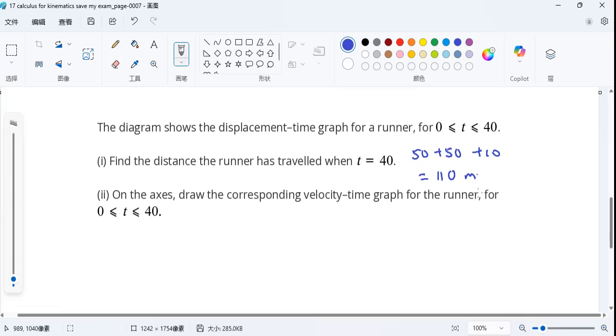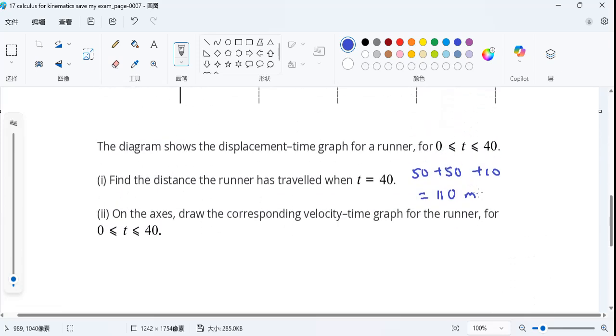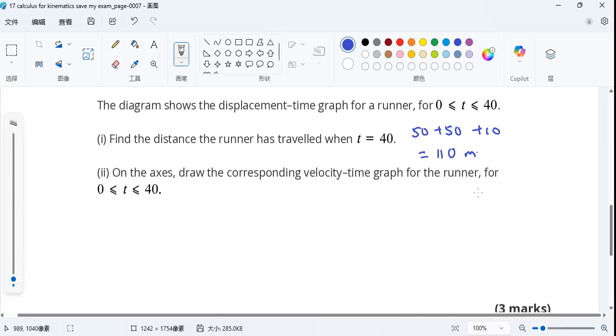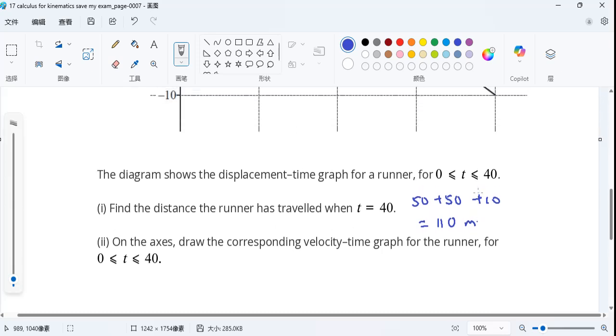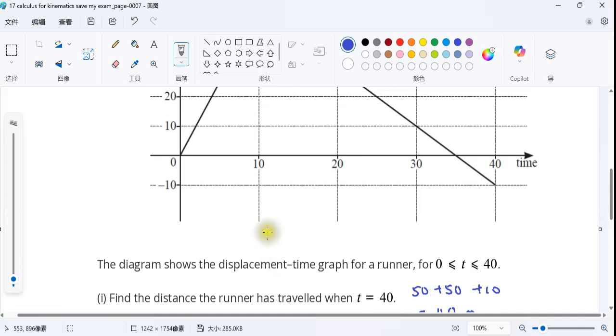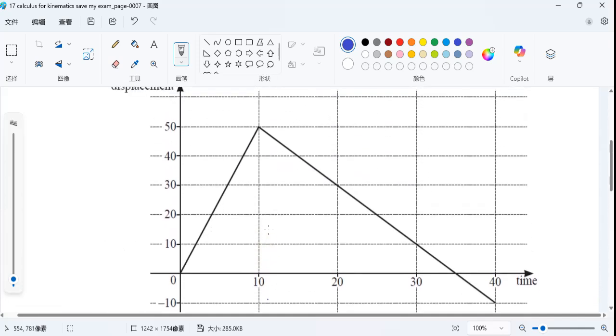Draw the VT graph for 0 until 40. So we know that in the distance-time graph, V is the gradient.